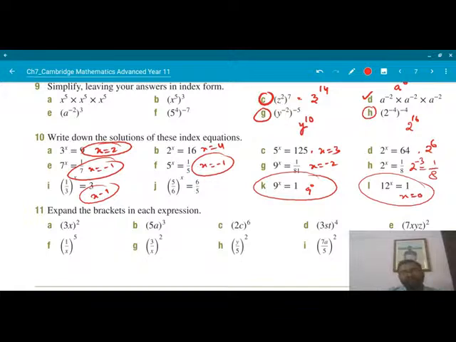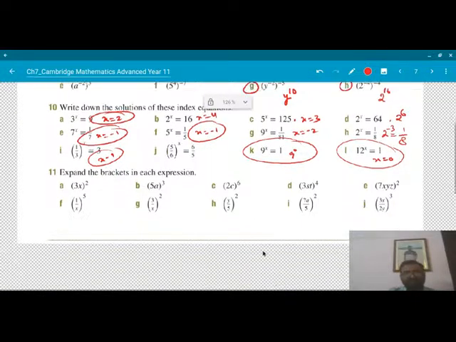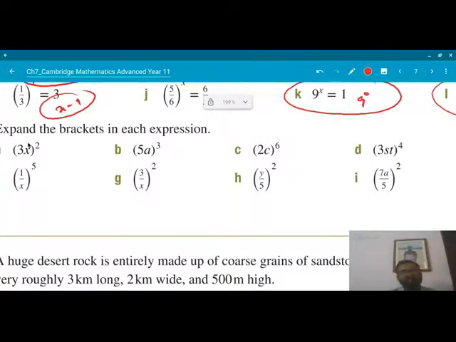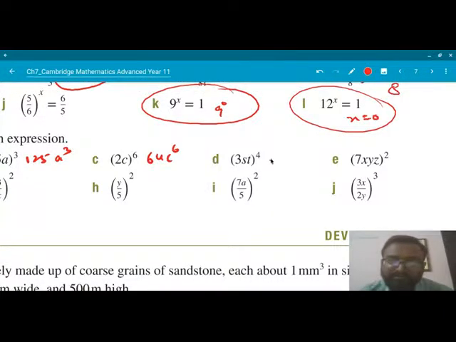Okay, so you need this kind of practice. And we have to expand these answers. It is 64 c power 6. And it is 343. Is it 343? No. 3 power 3, it's 81 s power 4 t power 4. 49 x square y square z square.